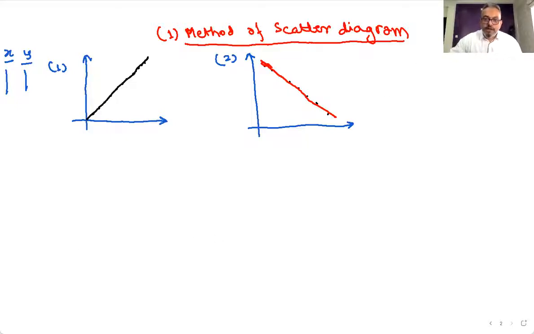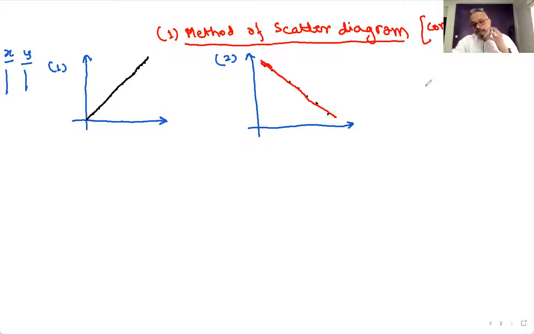Correlation is denoted by symbol R. I'll write over here correlation. Now, which correlation we are going to learn in this chapter is linear correlation, is denoted by small r.